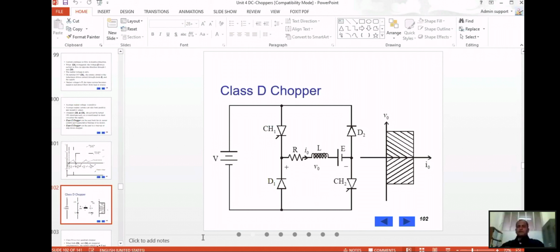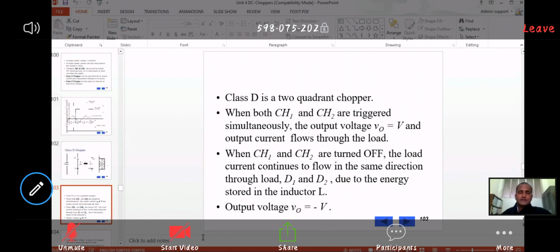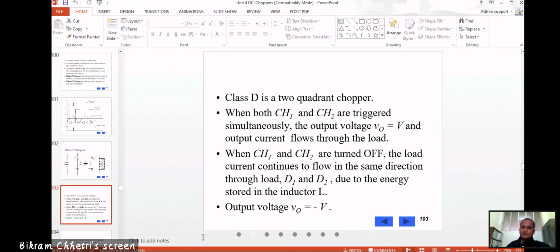Now the class D chopper. In the class D chopper, if you see here, it's operating in the first and fourth quadrant. It means that it's a combination. Similar to the class C chopper, class D is a 2-quadrant type of chopper. In the class C chopper, it is the first and second quadrant, and in the class D chopper, the first and fourth quadrant.